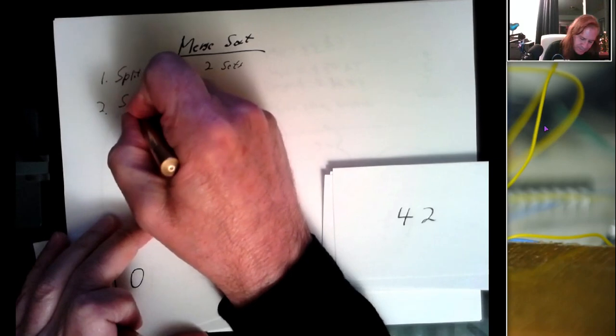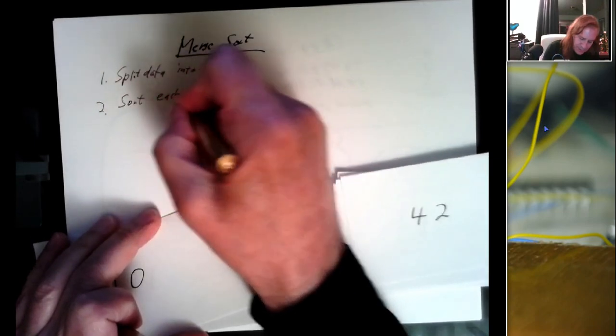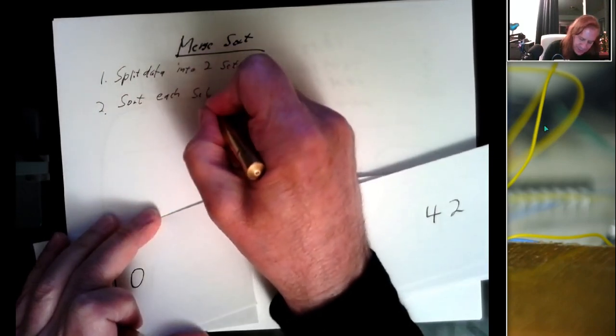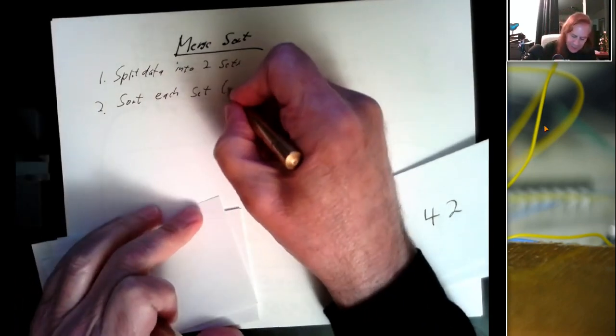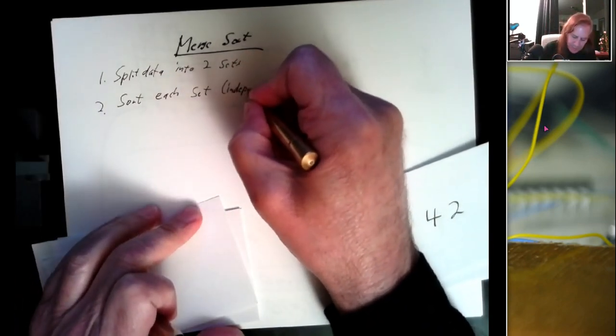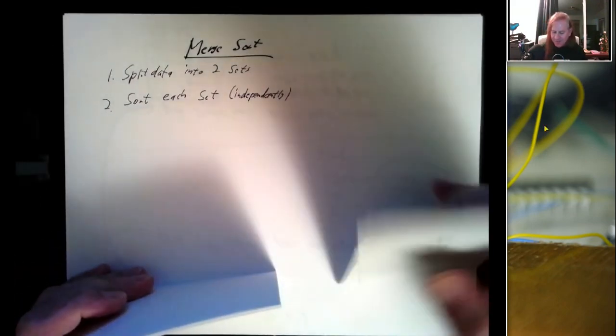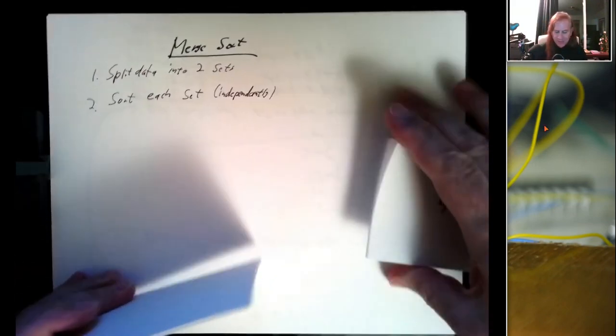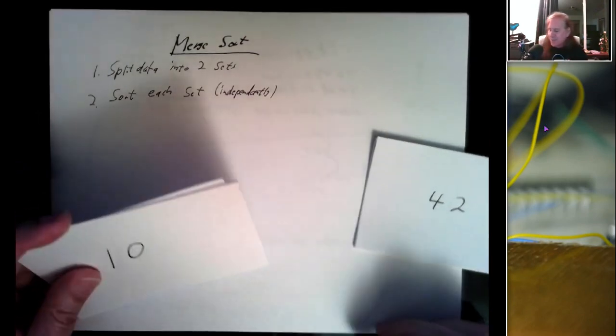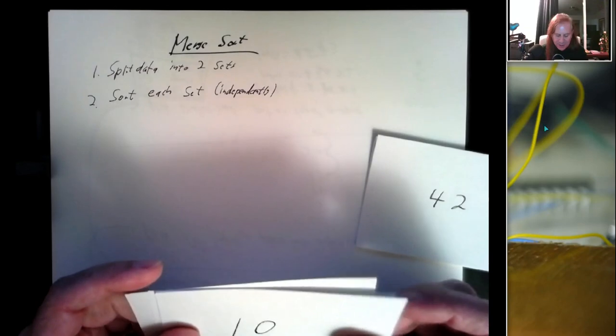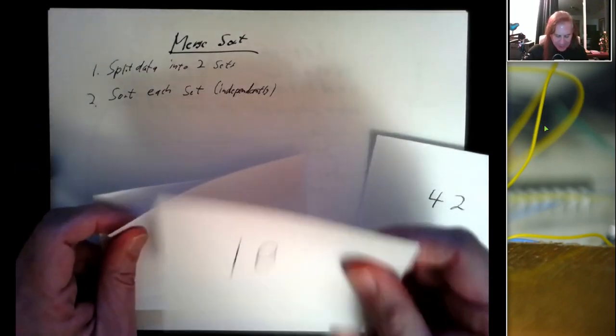Alright, so split your data into 2 sets. Step 2, sort each set independently of each other. This is where, if I'm grading papers, I split the pile of exams in half, and for me I do an insertion sort. But let's not worry about how we're going to sort each of these.